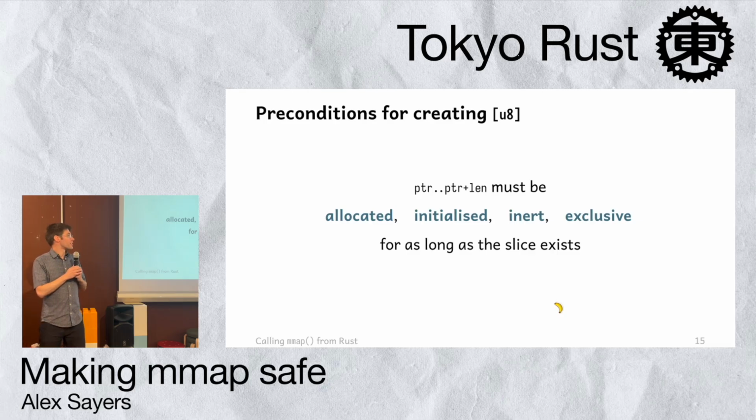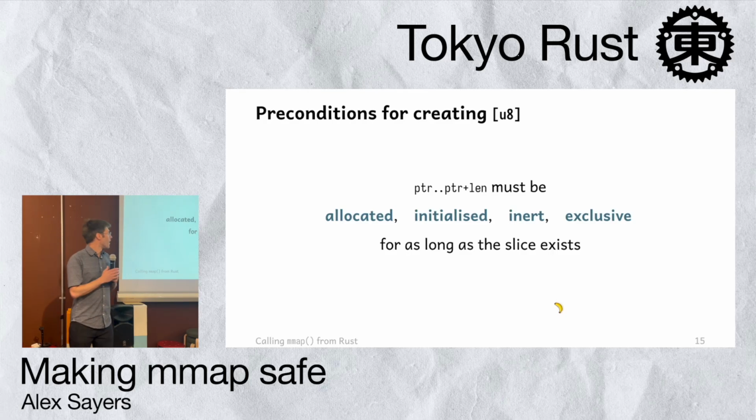Okay, another thing that the Rust compiler assumes about allocated memory is that it's inert, meaning you can read from it and write to it, and that doesn't have any side effects. Like the compiler wants to elide redundant reads and writes, and it doesn't want that to be observable when it's eliding those.